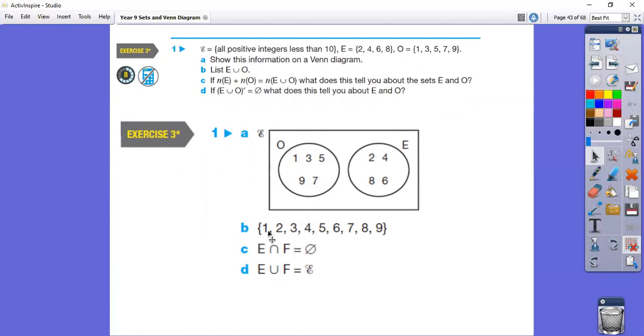The union of the two will be all the integers from 1 to 9, but less than 10, remember, it's less than 10. And the intersect of E and O, there's nothing common to both, so it would be an empty set. And the union of E and O is equivalent to the universal set, i.e. all the positive integers less than 10.